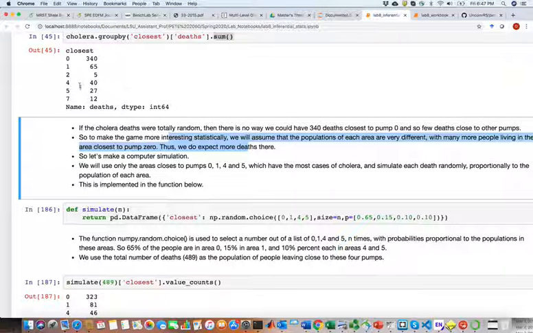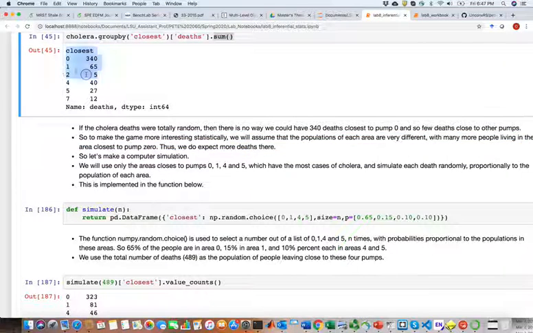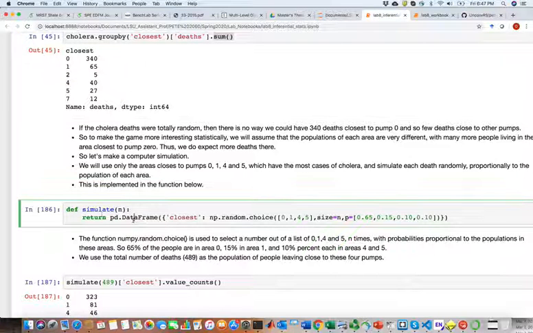To simplify it, we're going to remove these pumps with too few deaths to be statistically significant. So remove pump 2 and pump 7. You're left with pumps 0, 1, 4, and 5. Then we're going to do computer simulation, which is facilitated using this function.